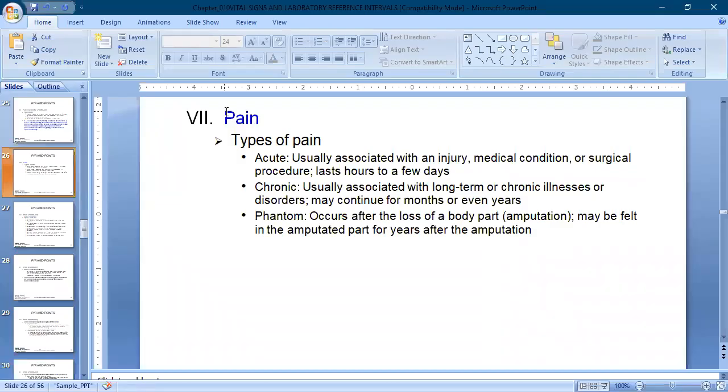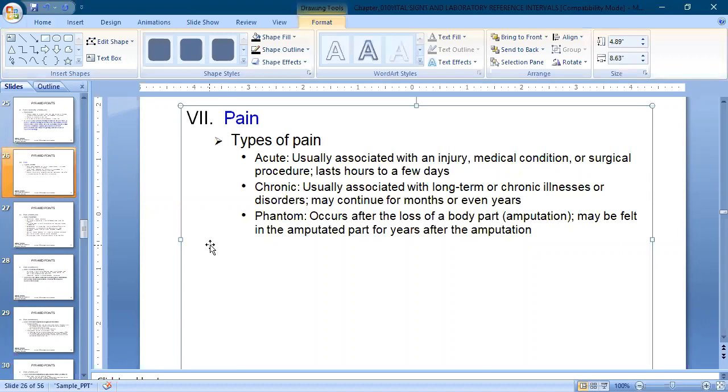So pain is also one of the vital signs, right? Vital signs must be assessed, or assessment is important to see the patient's condition.